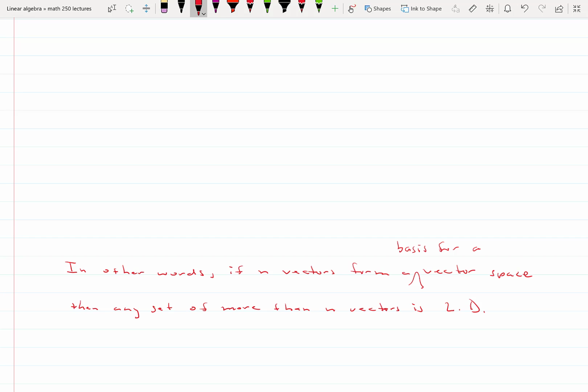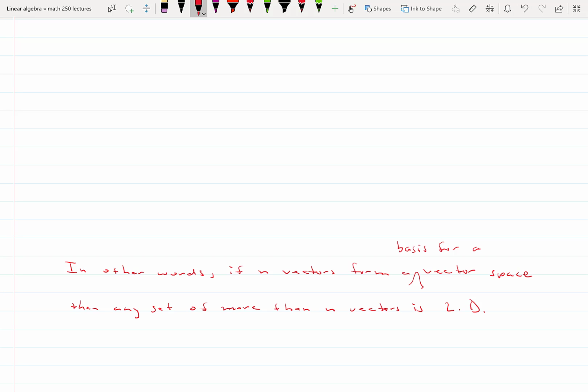Let's take a look at that again. If you have a basis that has three vectors in it, then any set of more than three vectors in that same vector space is automatically going to be linearly dependent. And we saw that in R3.